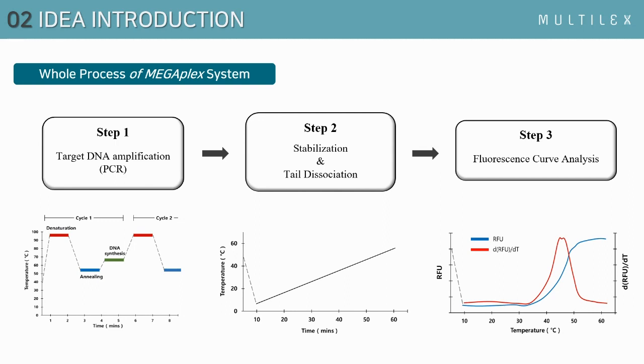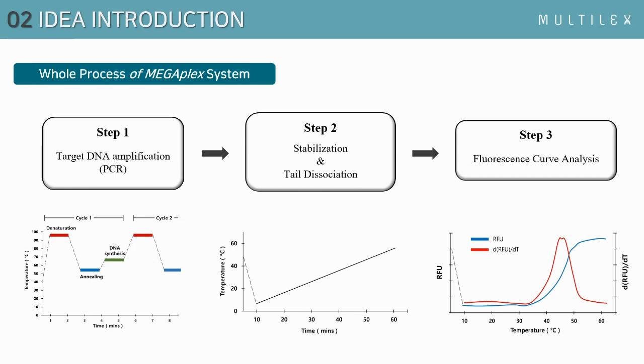The slide shows the whole process in the Megaplex system. There are three main steps. Step 1 is an amplifying step, in which the target is amplified by PCR. Step 2 is a stabilizing and dissociating step. Probably, you can imagine what will happen between the tail and C-tail contained in amplicons.